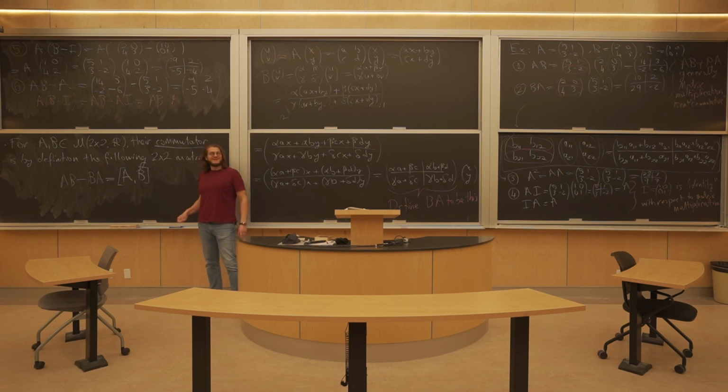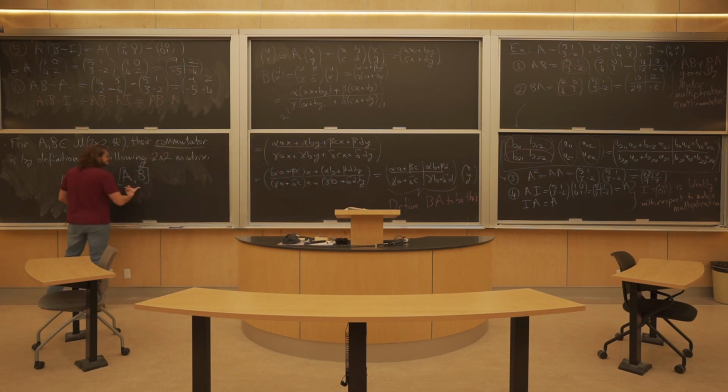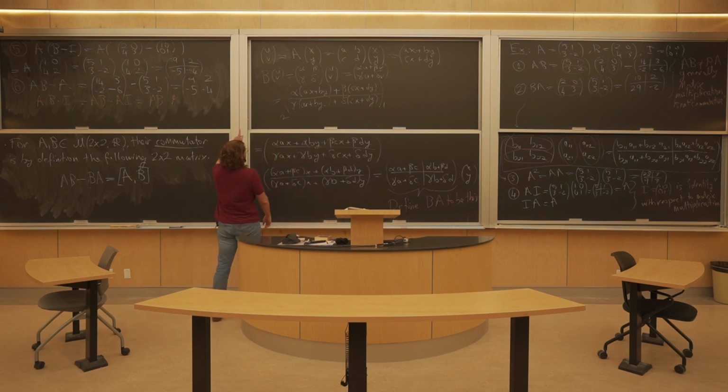So is it like a transformation? It is a transformation in and of itself. That's true. So perhaps I should draw a picture like this. So from here, let's go there.